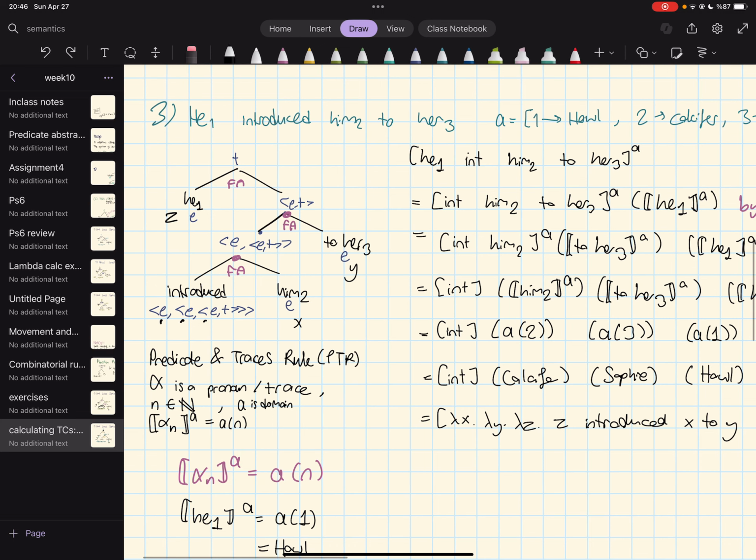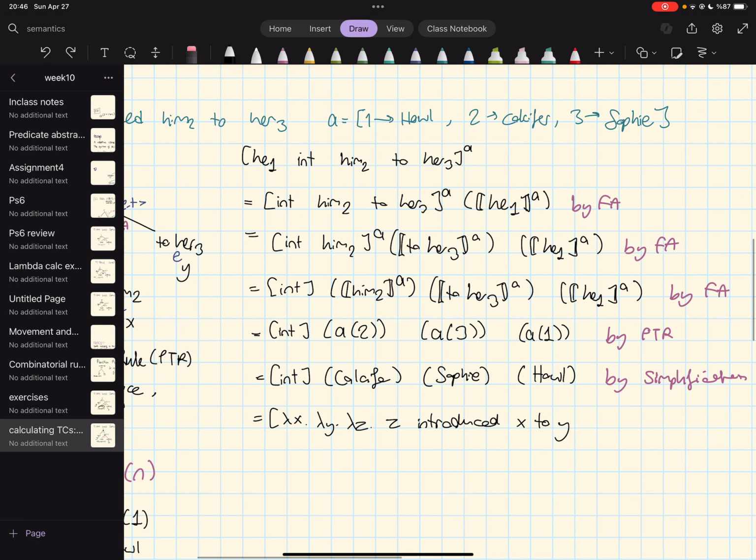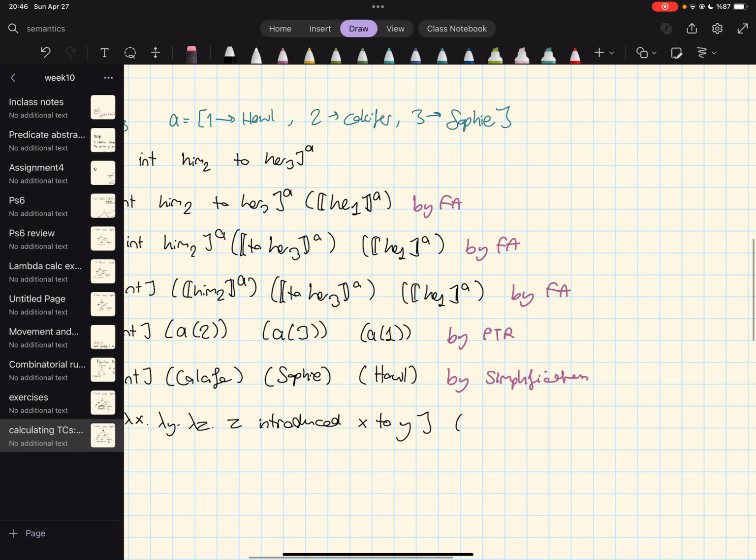So I assigned x to him, y to her, which is the second one, and z to he. And then I just typically write my arguments as well. This was thanks to my lexicon.